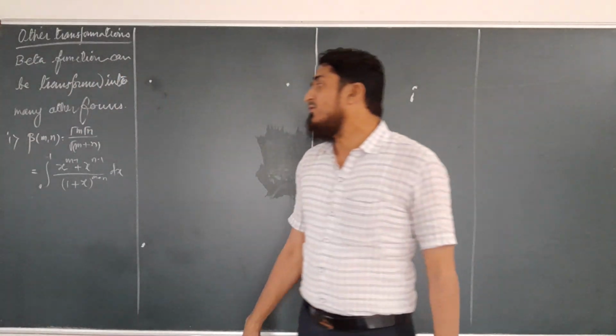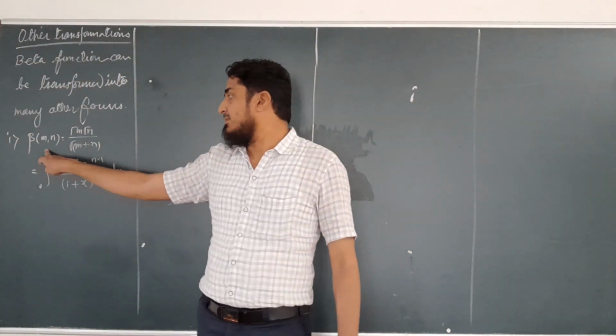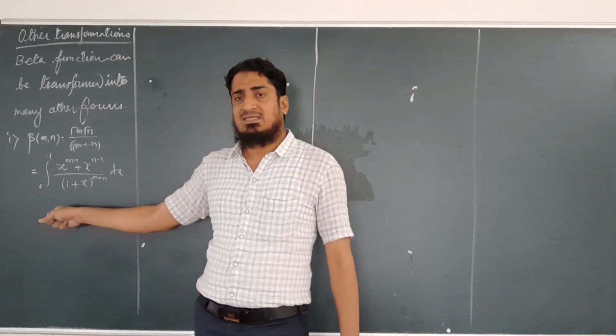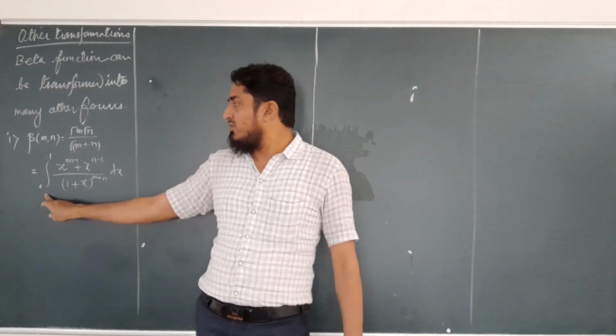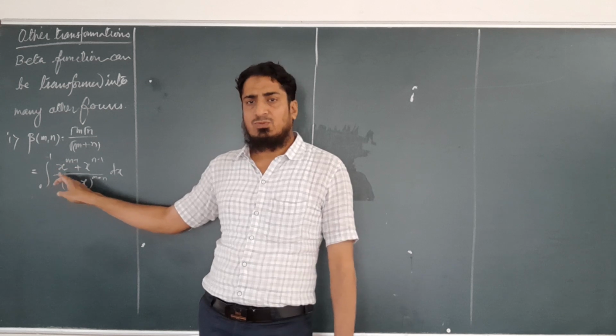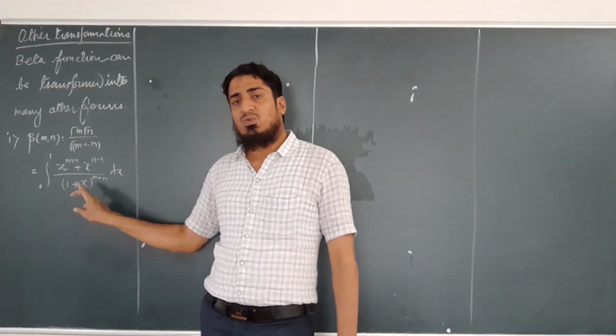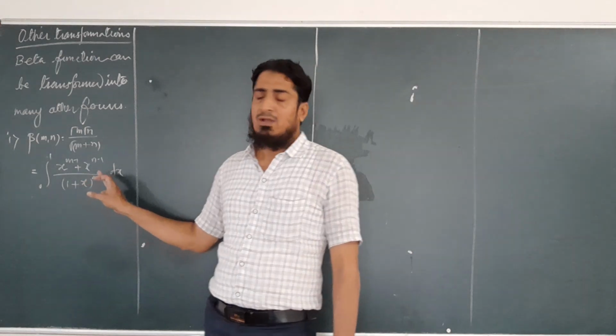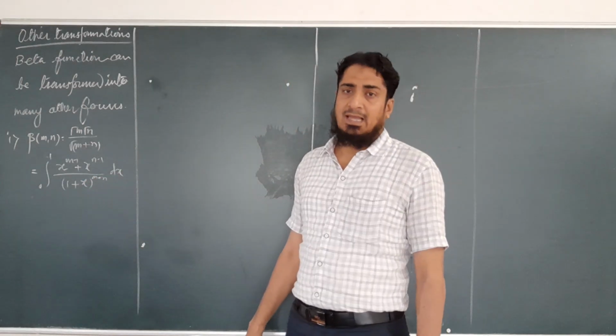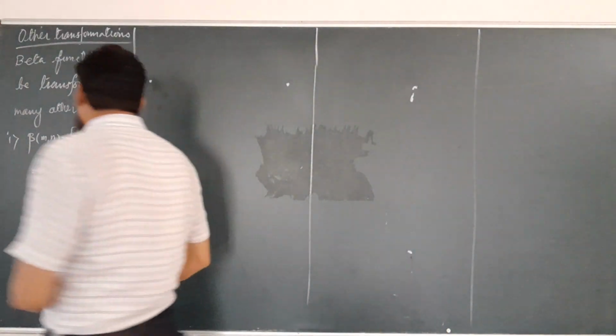We are going to prove beta of m, n in the form of integral 0 to 1 x raised to m minus 1 plus x raised to n minus 1 upon 1 plus x raised to m plus n dx. Correct?